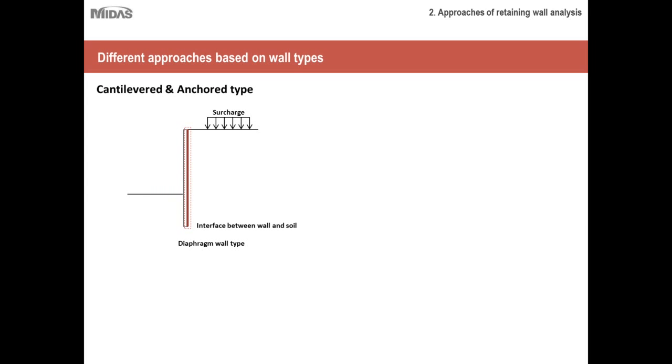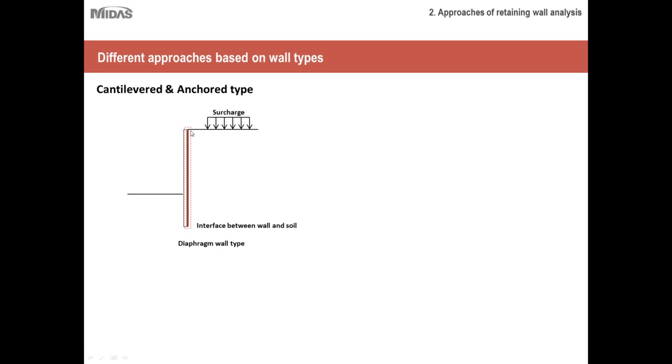Then let's see how we design cantilever walls or anchored walls. As we know, a cantilever wall is just a simple cantilever standing here. You have earth on both sides, and you have some surcharge.